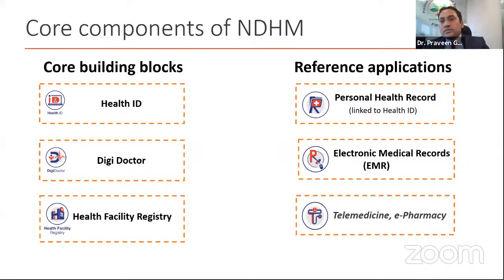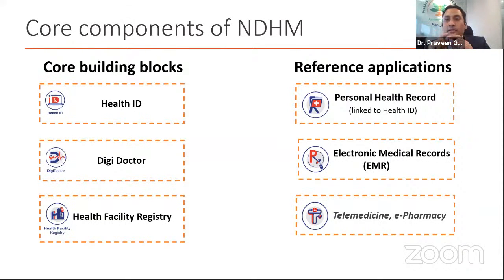Now coming to reference applications, these reference applications will be provided by government, and we will also allow private players to provide their reference application, which will get integrated with our three registries. So I'll give you an example. You are all aware of something known as UPI. UPI is an IT system for financial transactions.